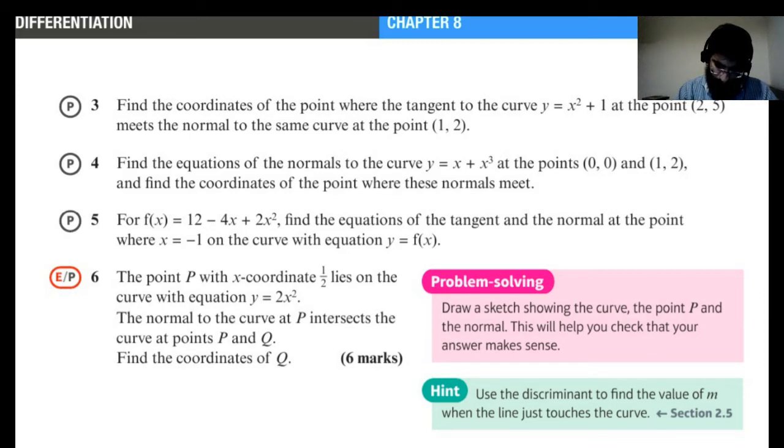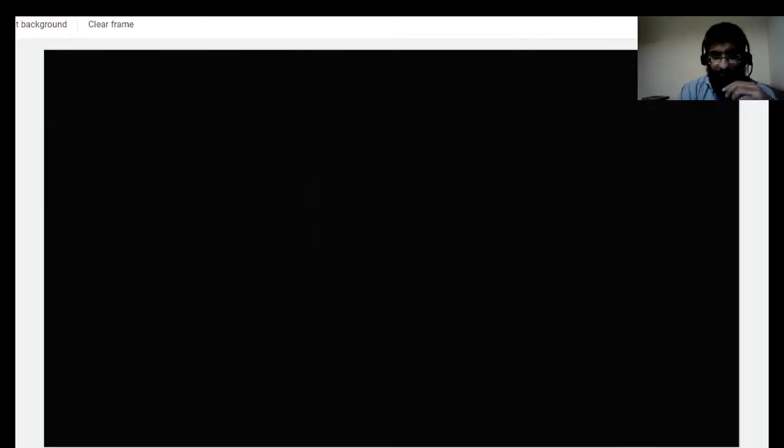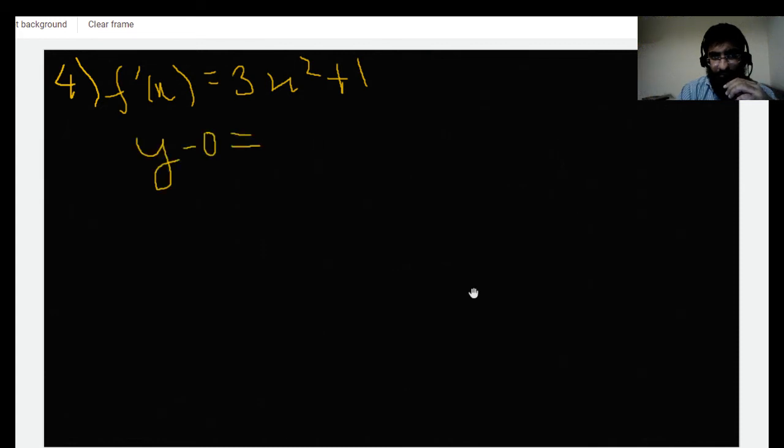So these are two different normals. For this the equation would be y minus 0 is equal to, if I put that in, it's 1 by minus 1, which is minus 1, into x minus 0.